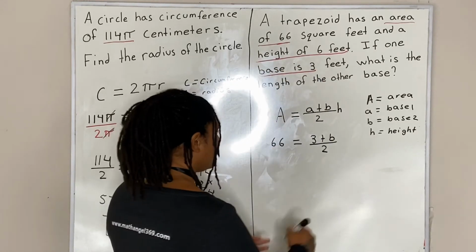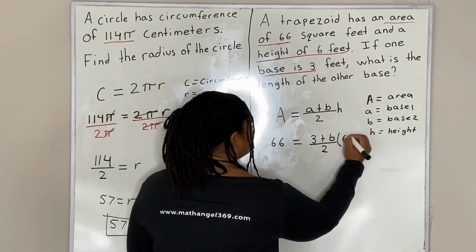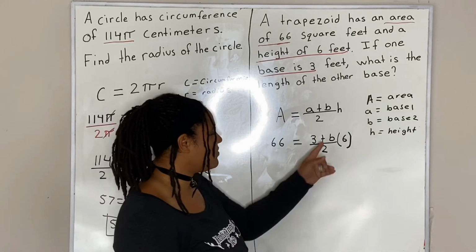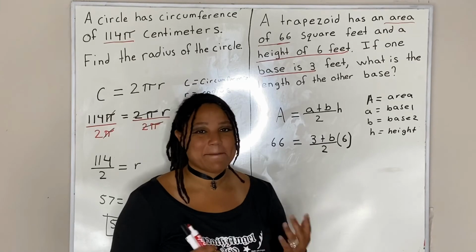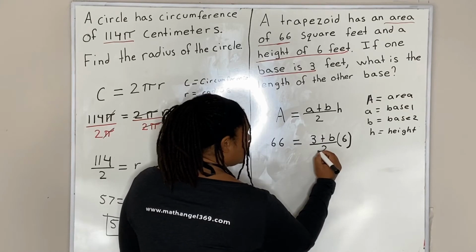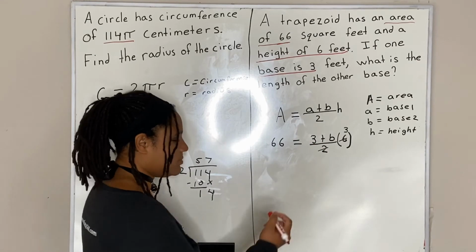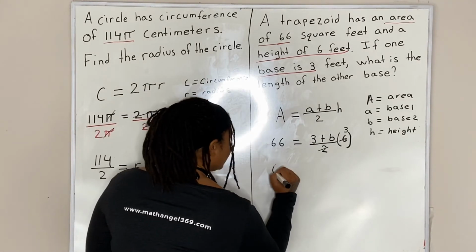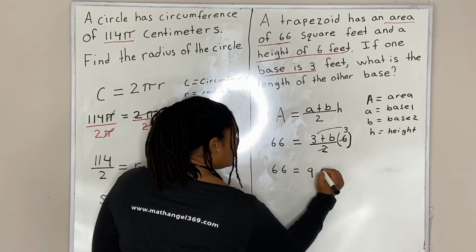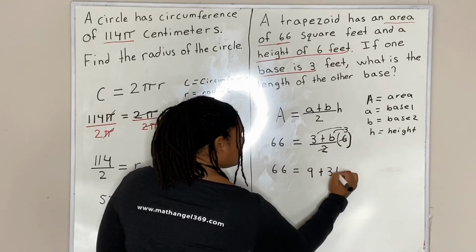So we're going to plug that in for height, and I'm going to use parentheses so that you know that we're multiplying here. Okay, so now all we're doing is solving for the missing base. So we are going to make our lives easier. We know that 2 goes into 6 3 times. So now all we have to do is multiply through. So we have 66 is equal to 3 times 3 is 9, plus 3 times b is 3b.